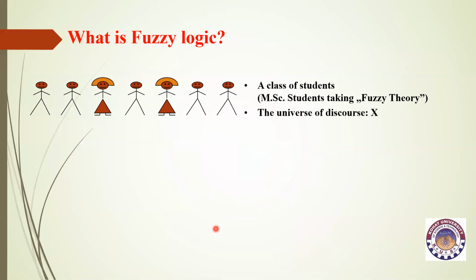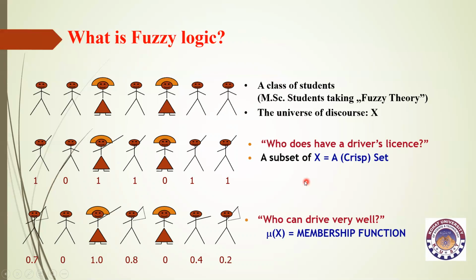Consider another example. Let's suppose there are students in a class. So we can say that all the students make the universe of this course, which is X. Who has a driver license? There may be few students who have licenses and others do not.